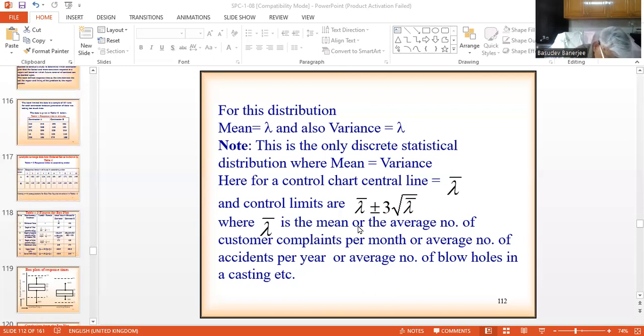So 68.26% of adult males in India will have height between 5 feet 4 inches and 5 feet 8 inches. In industry, a similar thing happens. You calculate the average and standard deviation, and the average plus or minus 1 standard deviation will cover 68.26% of the observations.